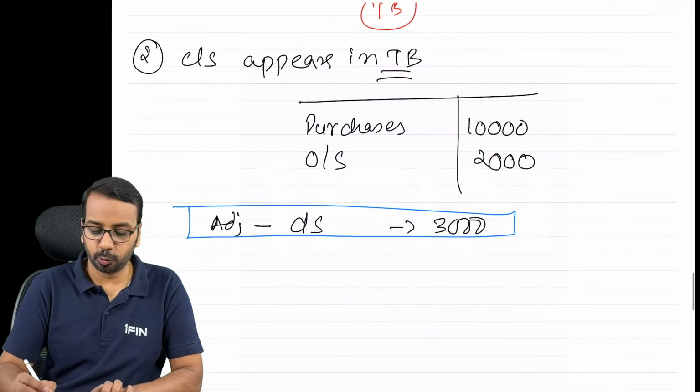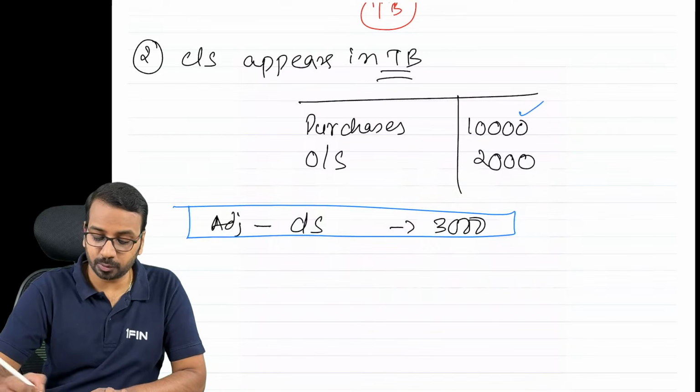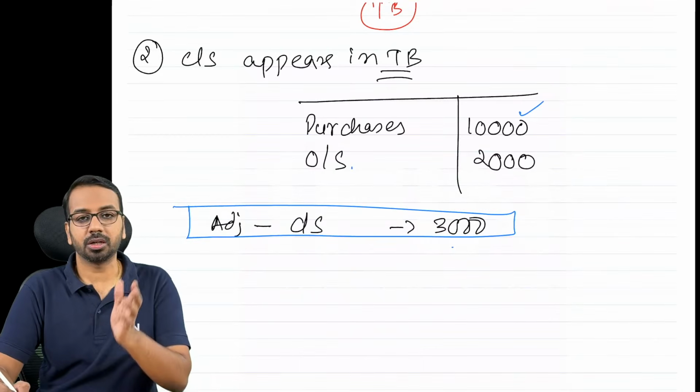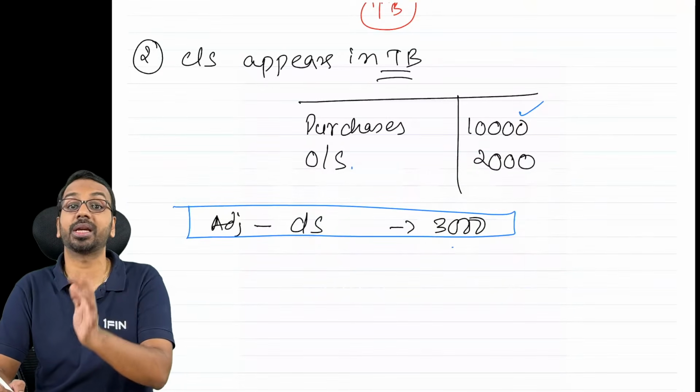Here what you will do, in the purchases you will plot 10,000, opening stock minus closing stock, 2,000 minus 3,000, you will say minus 1,000.